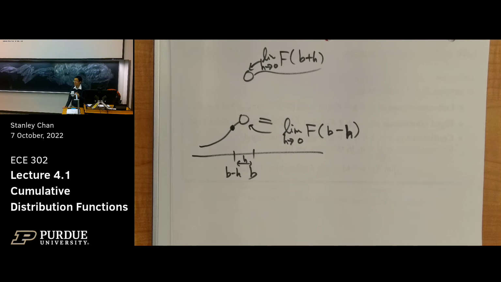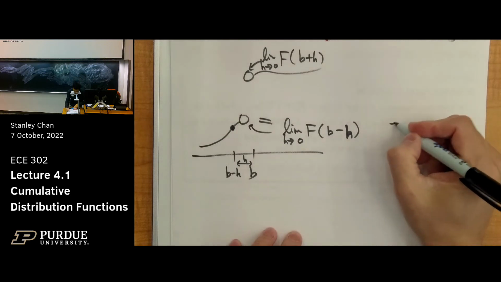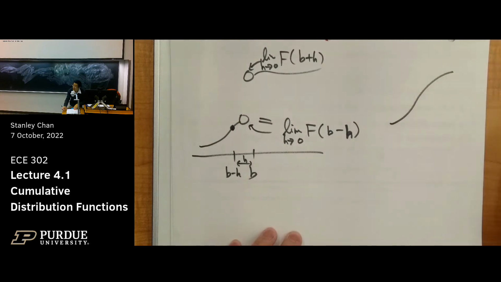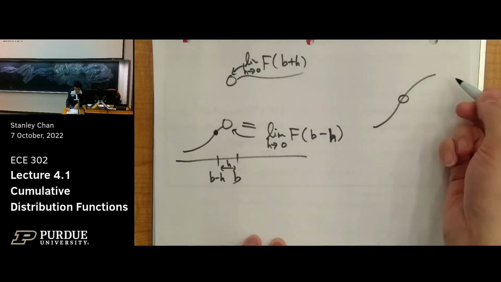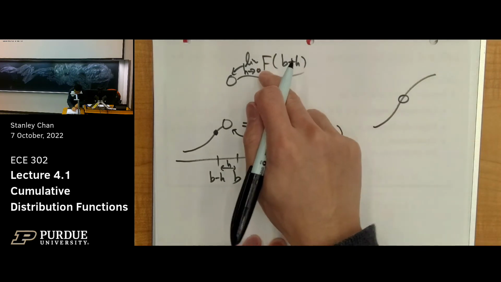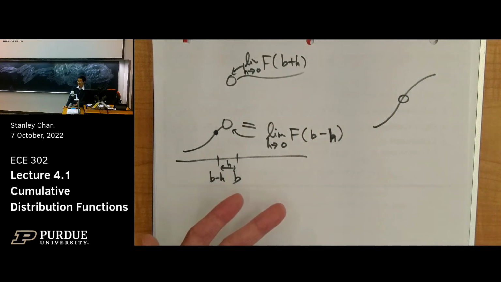There's only one scenario that can make it happen: the two circles are the same. So you have a continuous curve. You look at this point here, and of course this limit will equal that limit. Then you say it is a continuous curve.